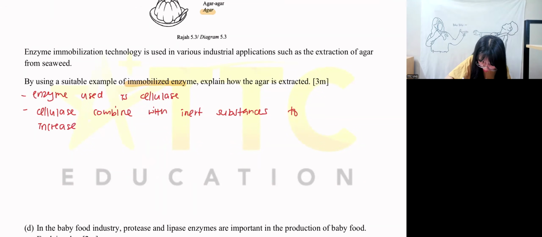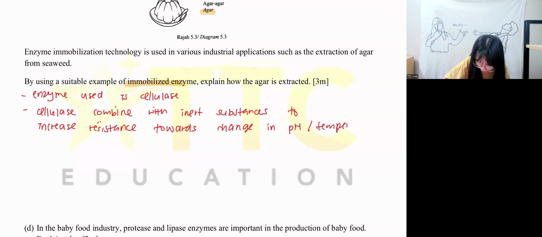To increase resistance towards change in pH or temperature. And you're going to write the last sentence. Or if you want to write, it remains the same, also correct, but because it's only 3 marks, then I talk about the cellulase. Cellulase breaks down more cellulose into glucose.